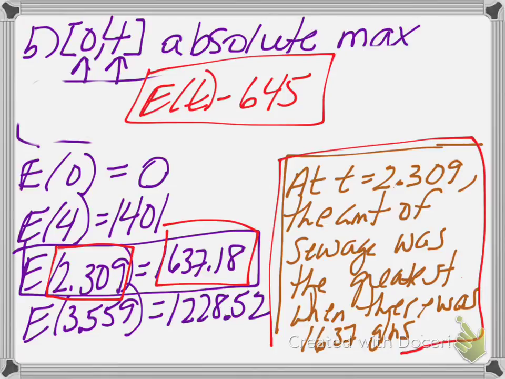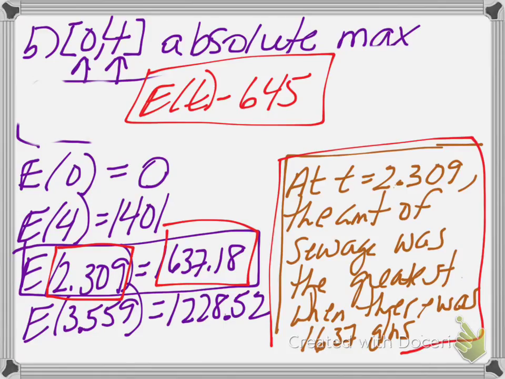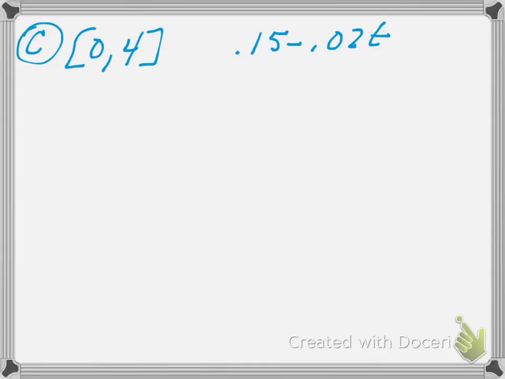Okay, let's go to part C. I'm going to change the color. Okay, so here's part C. Okay, again, going from 0 to 4. We need to treat the raw sewage that enters the tank. That is disgusting. Okay, and so the cost is going to be 0.15 minus 0.02 t, in dollars per gallon.